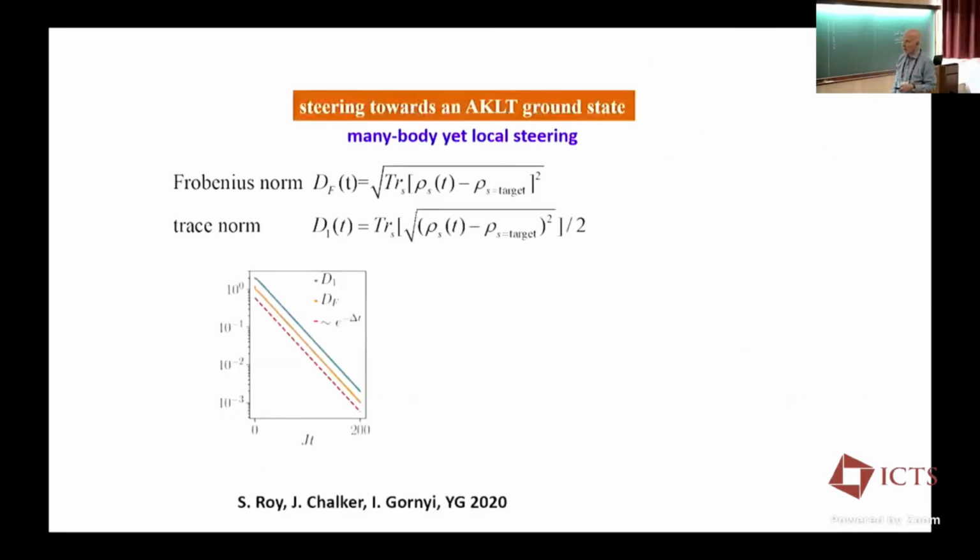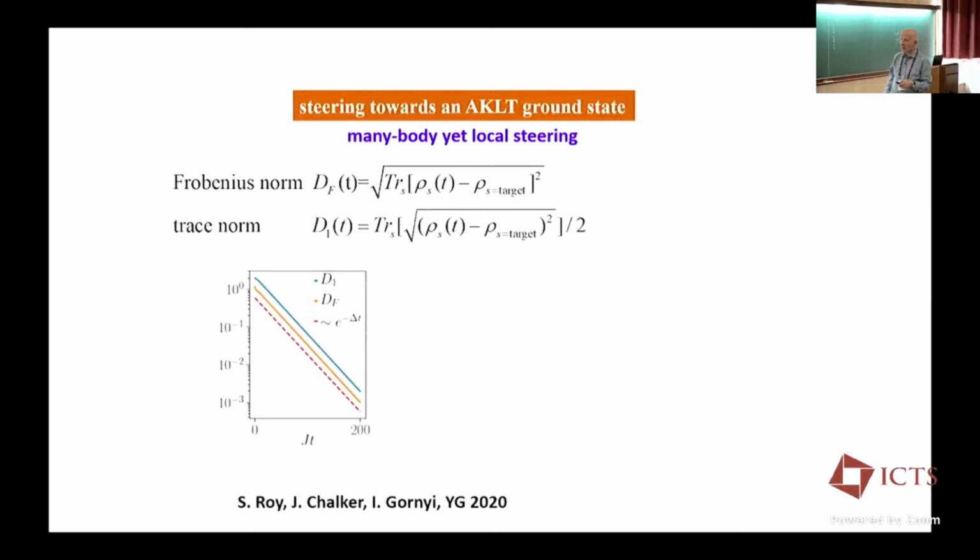And this is how numerical runs look. Here I plot the distance between the running state of the system, represented by rho system at time t, and the target state, which is the ground state of the AKLT chain.